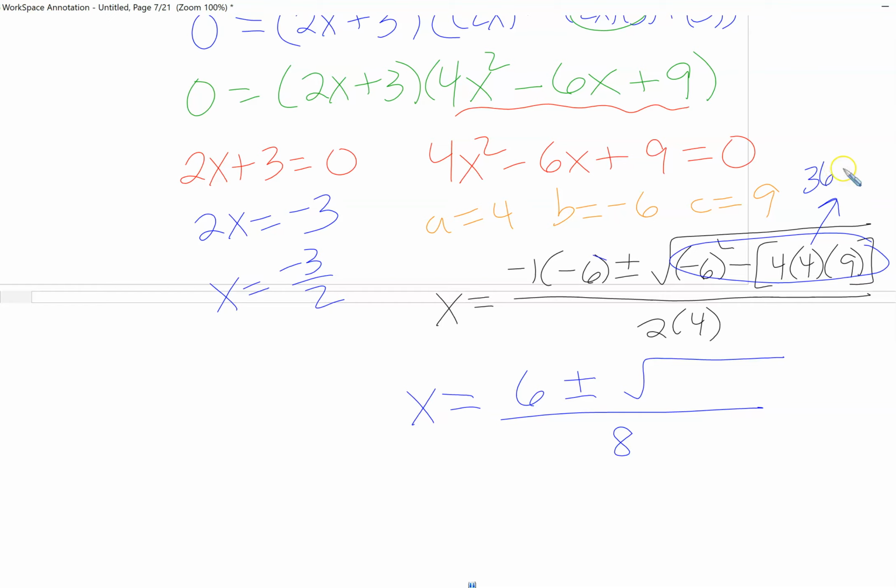And then we have our minus. And then what we have, notice here 4 times 9 is 36. And that 36 is times 4. So this is 4 times another 36. What's important is for you to understand that this 36 is a common factor.